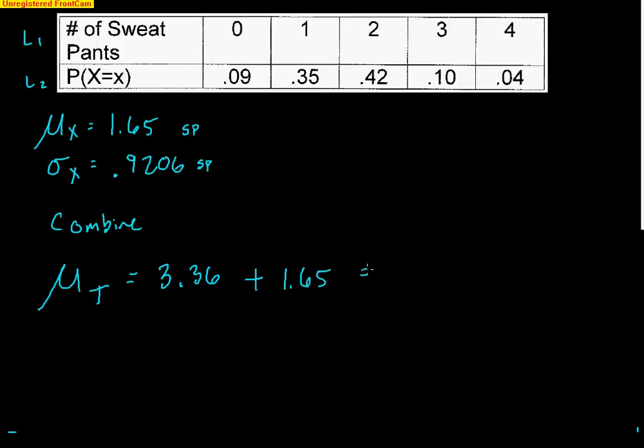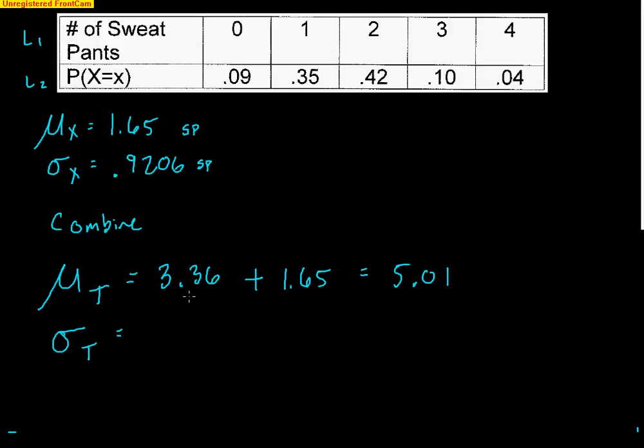So that would be a grand total of, using your calculator, 3.36 plus 1.65, which is 5.01 articles of clothing. So I expect to sell 5.01 articles of clothing. That's very, very simple. Now here comes the tricky part, the standard deviation for the total.